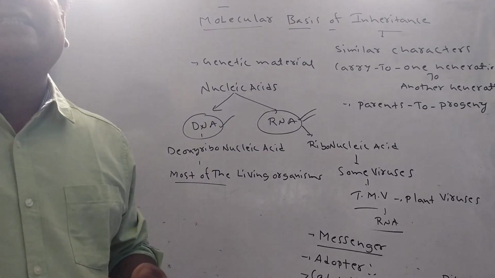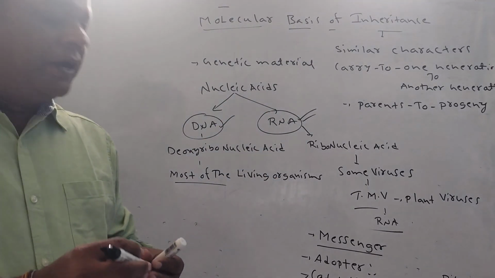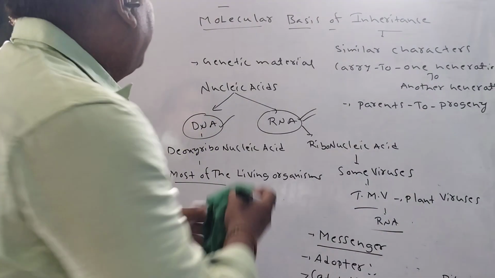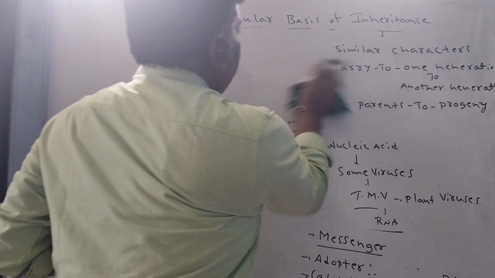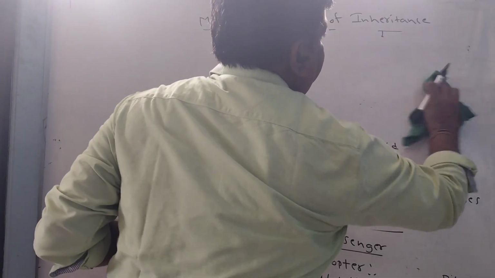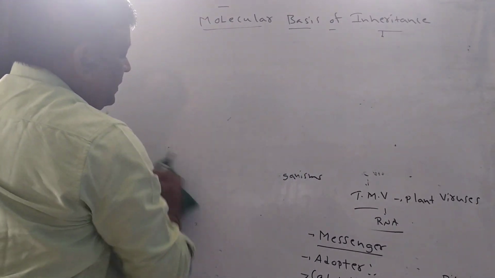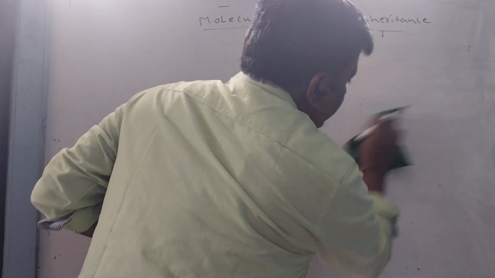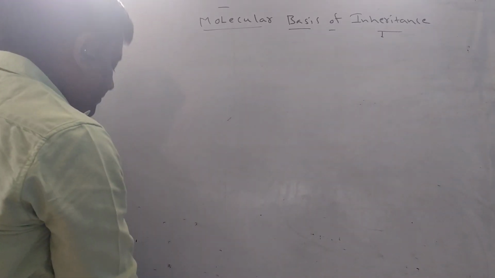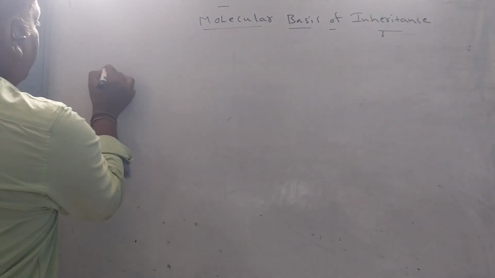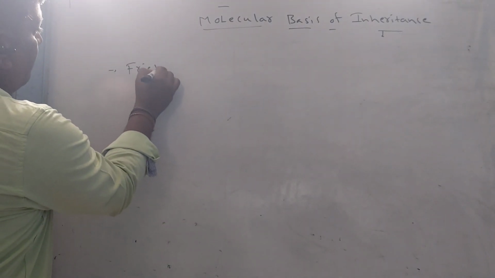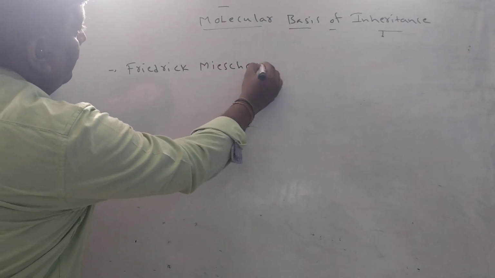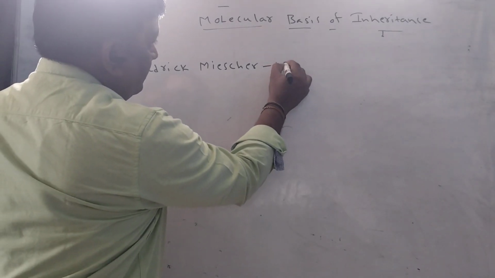Now we have to look at the history of DNA: who identified it and who gave the name of the genetic material. First of all, the scientist is Friedrich Miescher, in 1869.